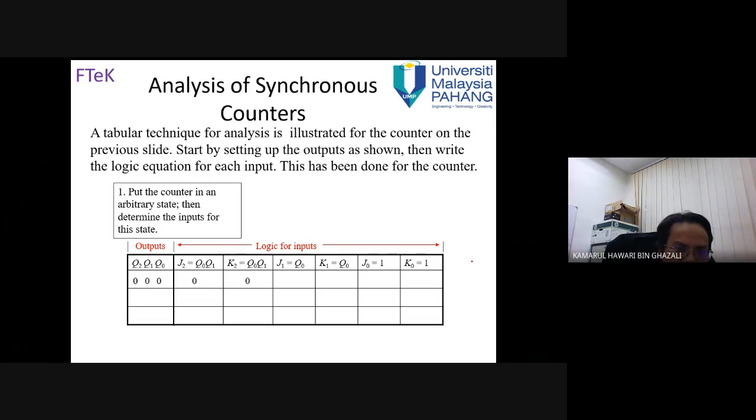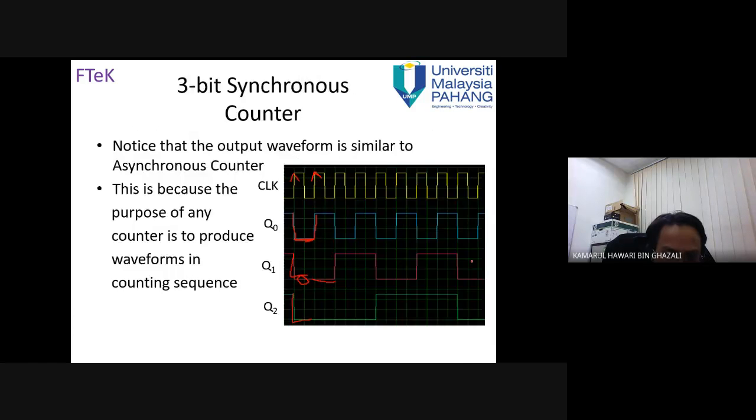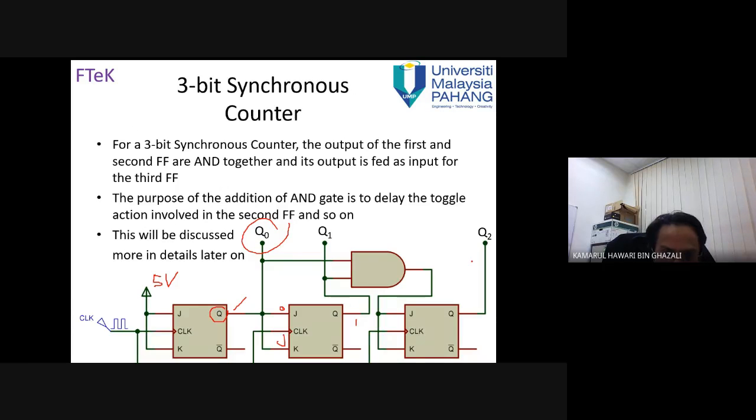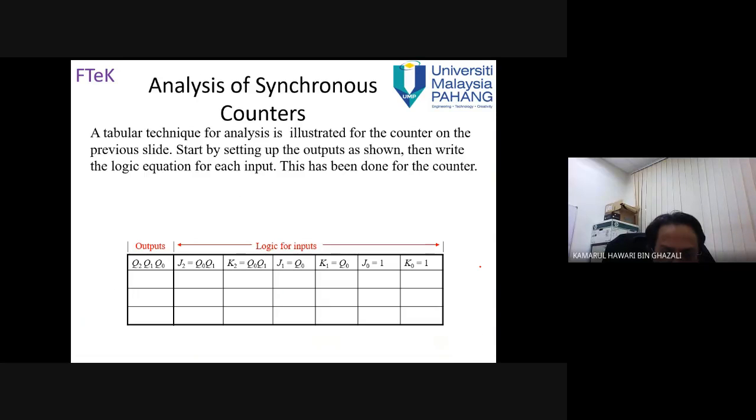Okay, outputs 0, 0, 0, logic for input, J2 equals to Q0, Q1. Where is J2? Here is J2. Okay, J2, Q0, Q1.